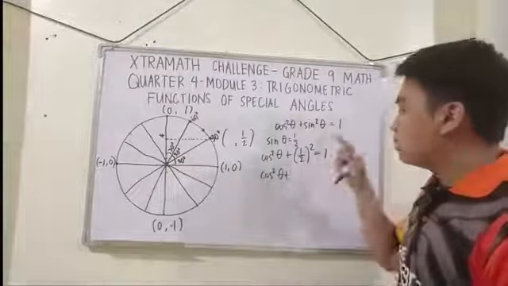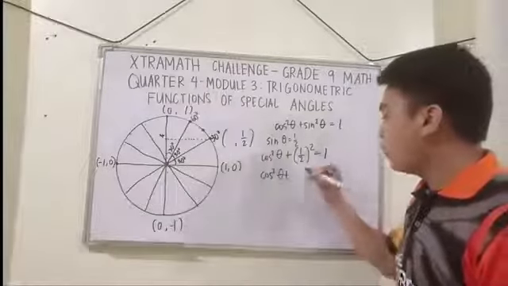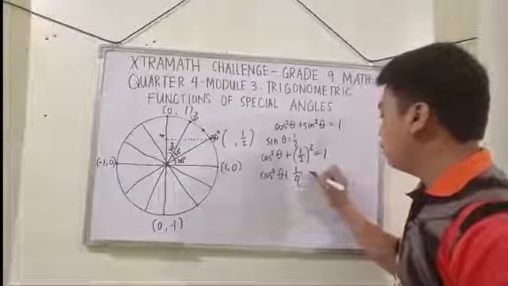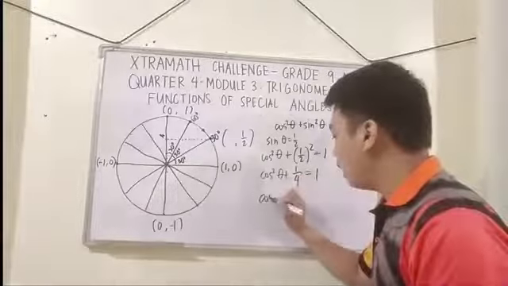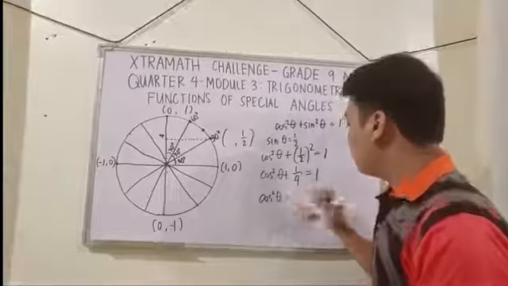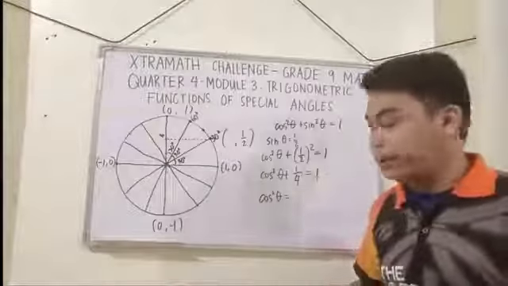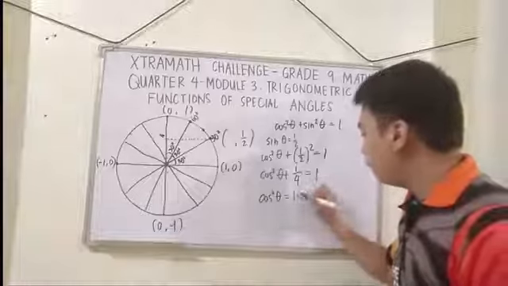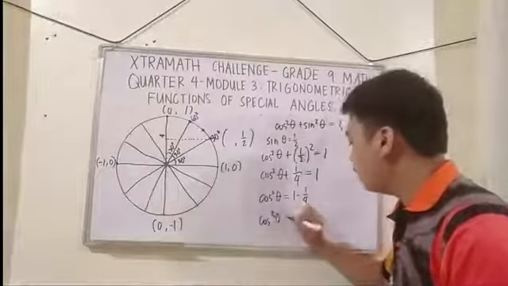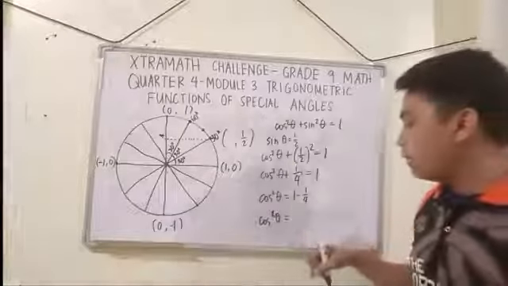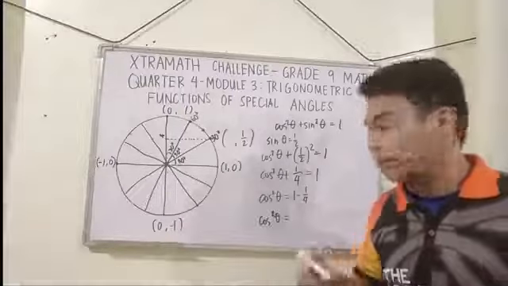So 1/2 squared, that is 1 squared over 2 squared, or that is equal to 1/4. So cosine squared theta is equal to 1 minus 1/4, which is equal to 3/4.